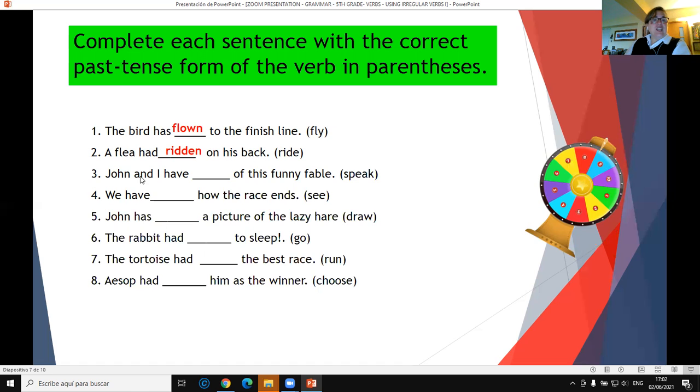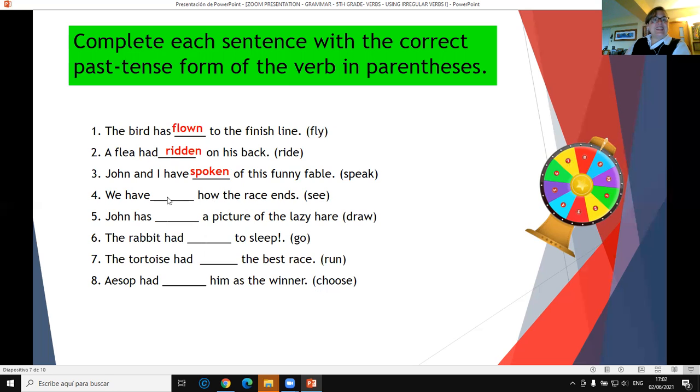Number three, John and I have (speak) of this funny fable. We have also a helping verb. Okay, so we say spoken. John and I have spoken of this funny fable. Four, we have (see) how the race ends. We have a helping verb. The verb that we need to put in past is see.